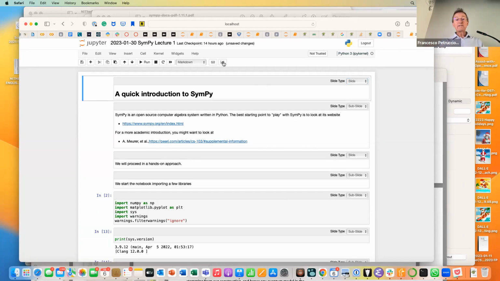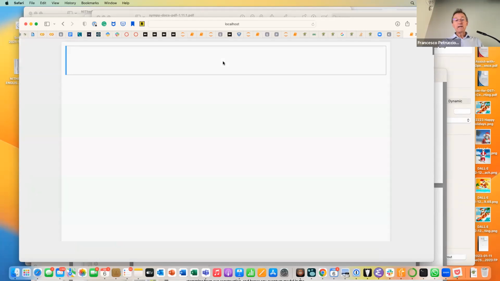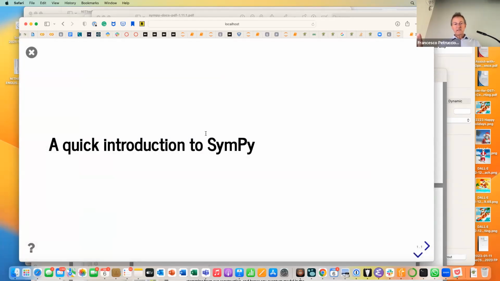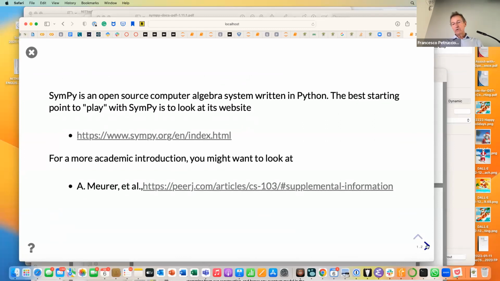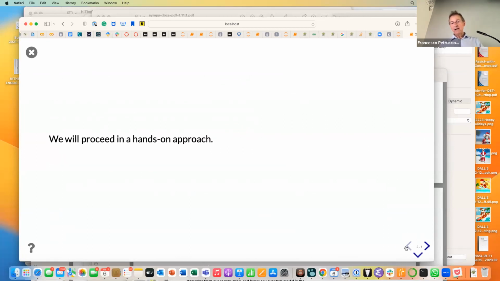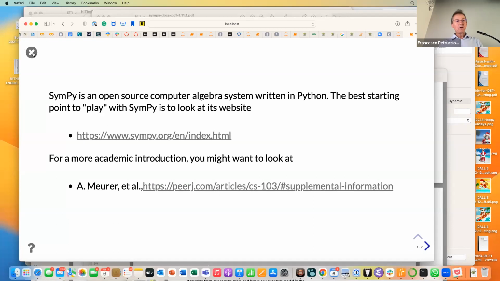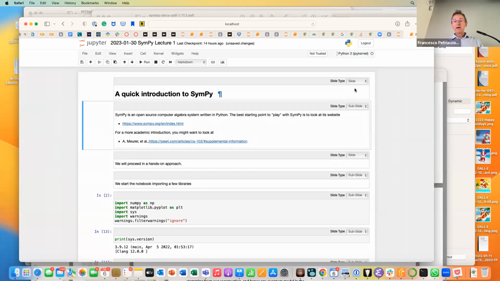If I press the slide option here, you see it makes the title of a slide. At the bottom I have two arrows: one to move within the same slide, and the arrow to the right to move to the next slide and back. This is a slide, this is a sub slide.